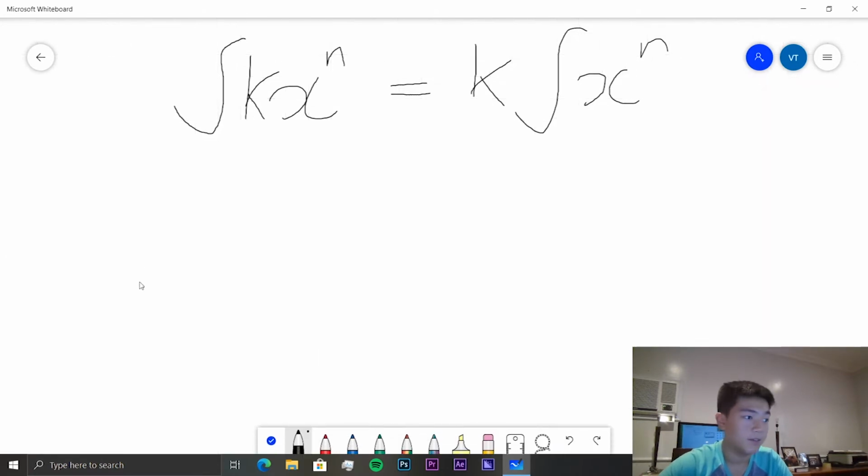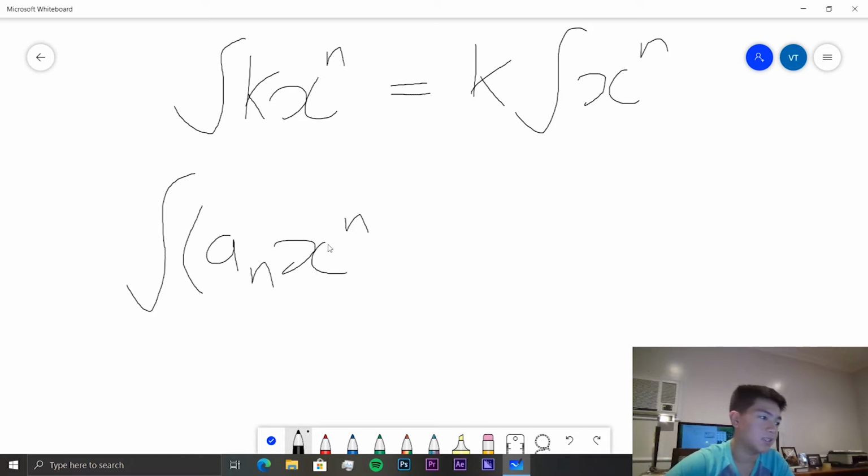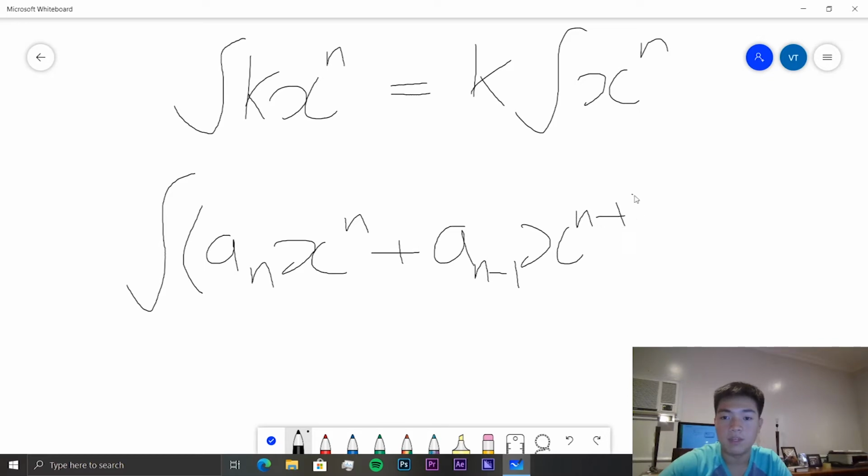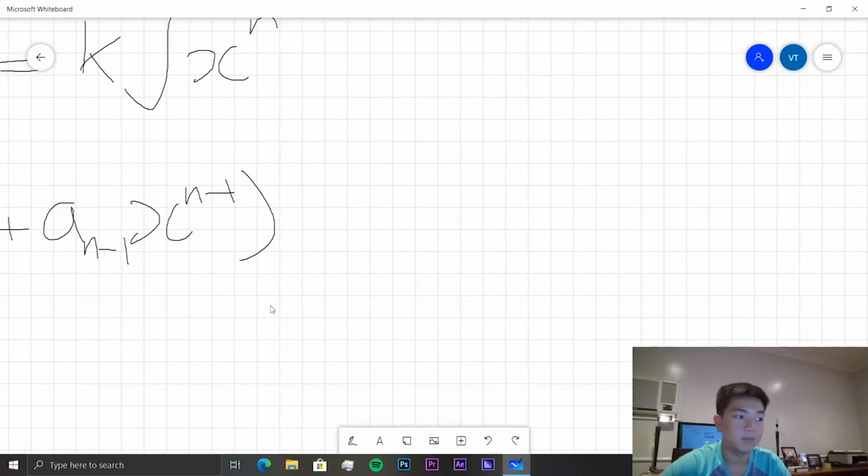Next, if we are integrating a polynomial, a_n x to the n plus a_(n-1) x to the n minus 1, we can actually split these terms apart.